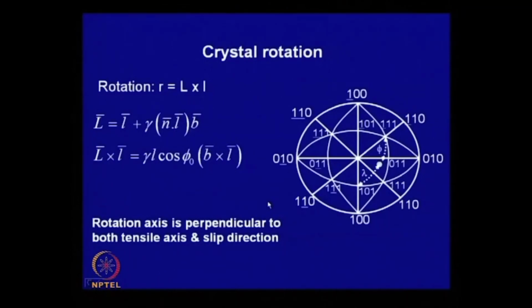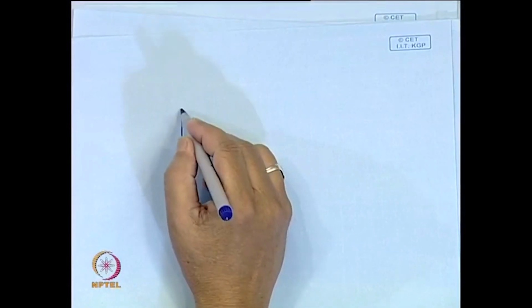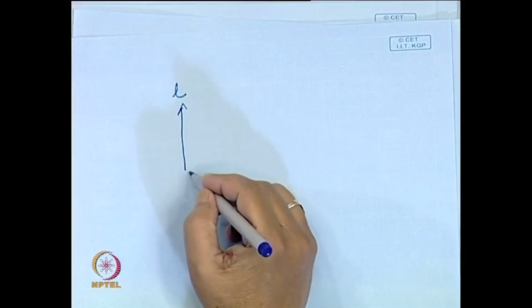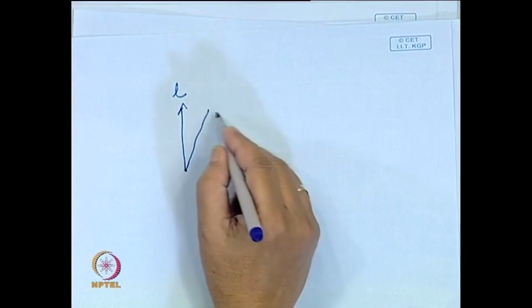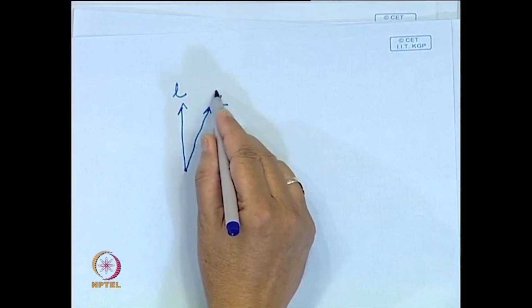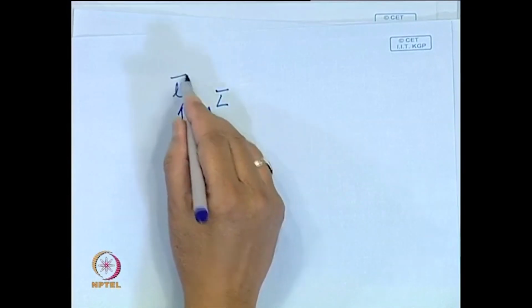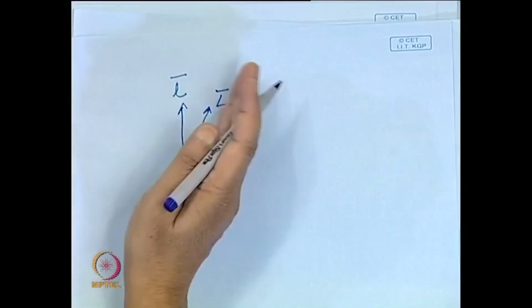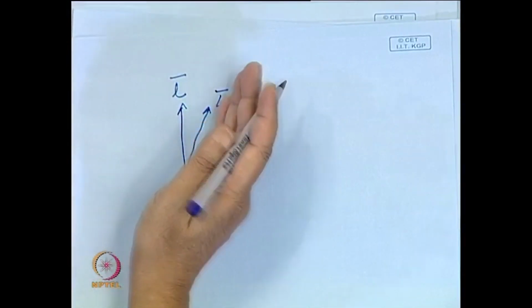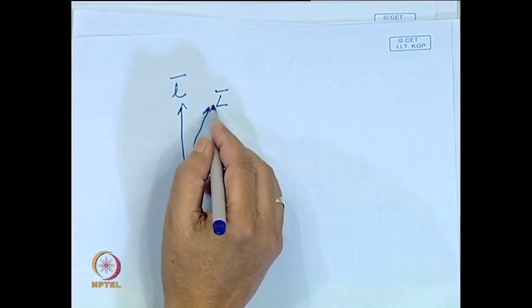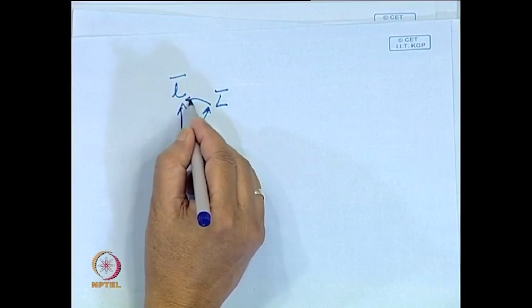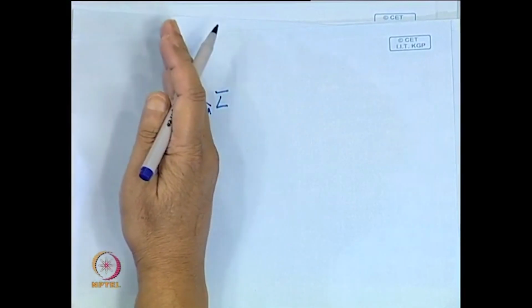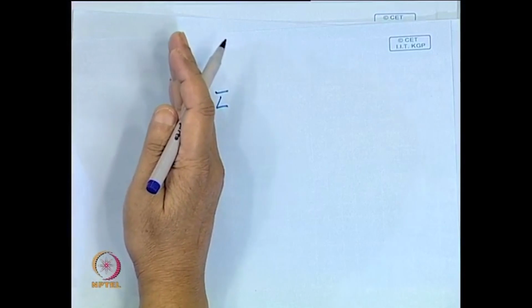Now, we have mentioned that the crystal rotates during deformation. So, how do you find out that rotation axis? If this is your initial tensile axis, and with a little slip deformation this vector gets transformed to this, then basically this has to rotate like this to keep the alignment of the loading direction perfect.